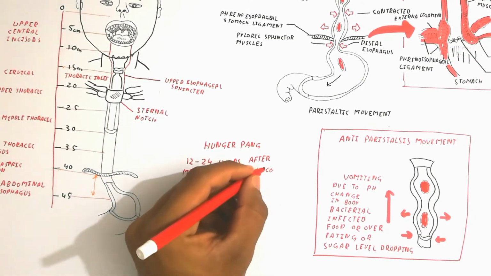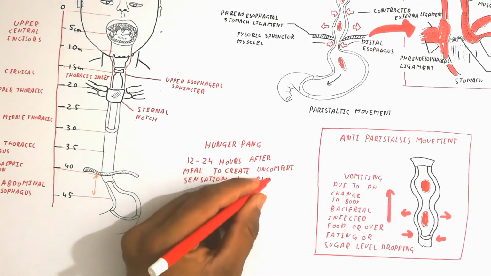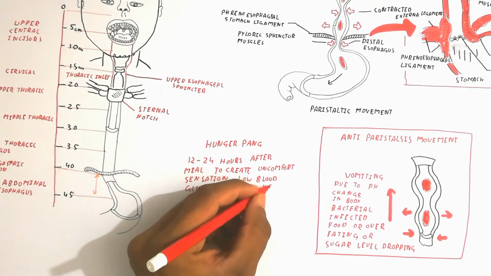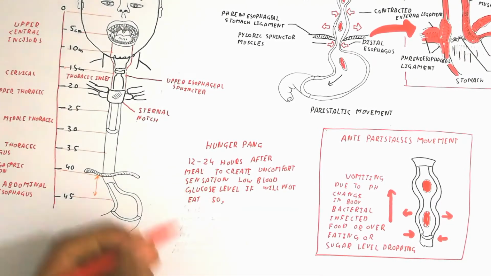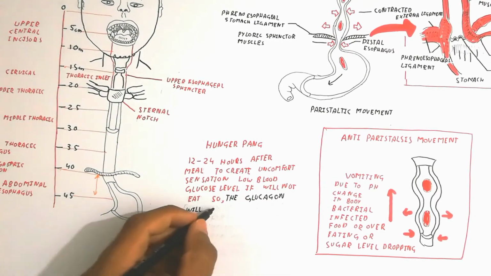antiperistalsis. Another thing is the hunger pang, which is caused by the contraction of circular and longitudinal muscle 12 to 24 hours after a meal, creating an uncomfortable sensation, with low blood glucose level if we do not eat.